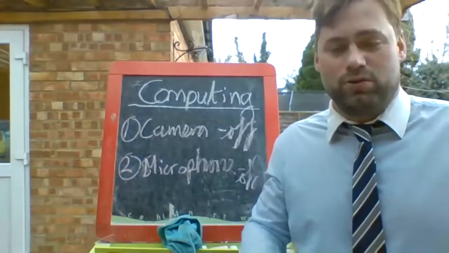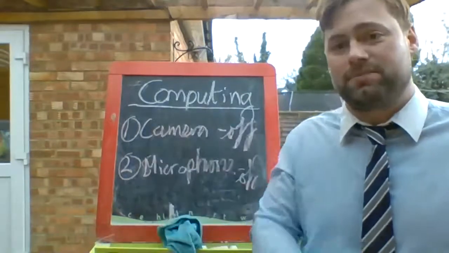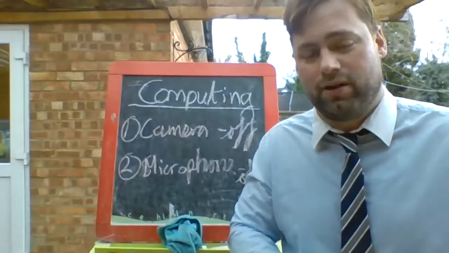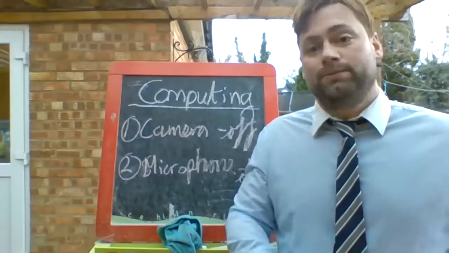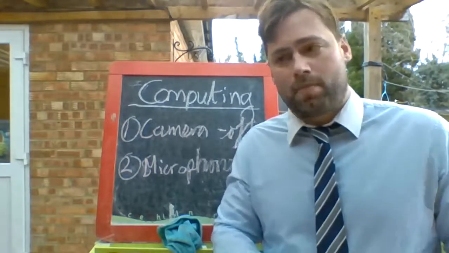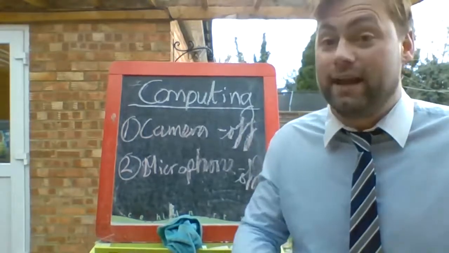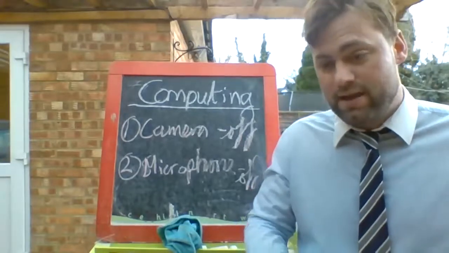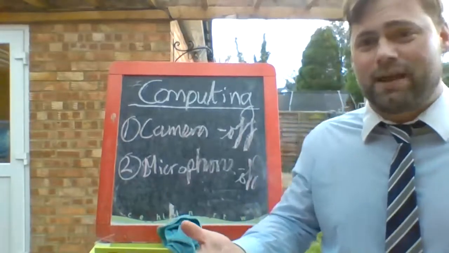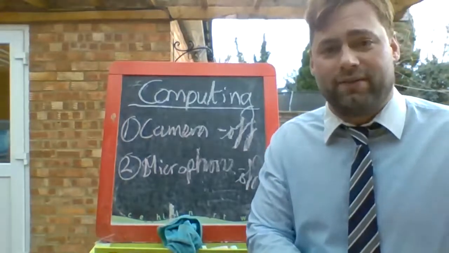You need to stay muted whilst someone is speaking, whether that's myself or another child. So keep the microphone off and the camera off, unless I say otherwise. They're the two main rules we need to follow when we're doing our live lessons.